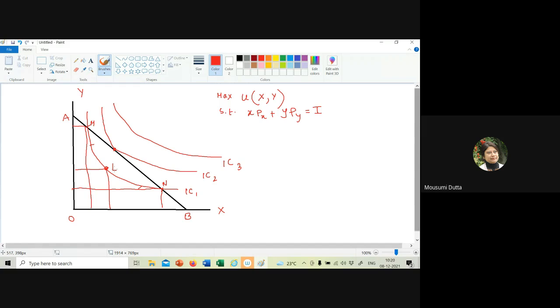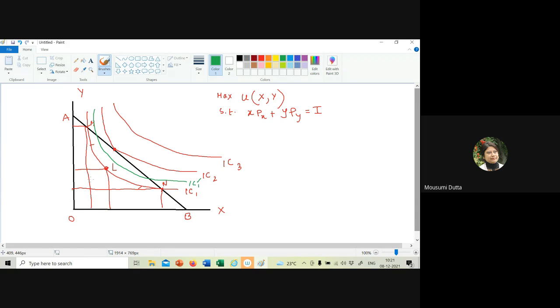Now in this way, I have a possibility that another point we should note, if I move to say IC1 prime, again I'll get a higher level of utility because IC1 prime lies to the right of IC1.